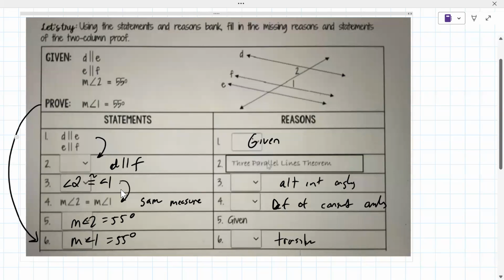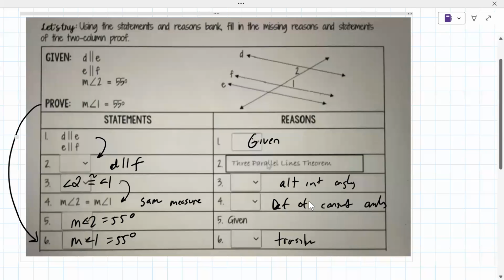Are you seeing the patterns though, like not always, but a lot of times something leads to the next thing? Yeah, 3 is an independent step. Like 3 is from the previous one, but there are a lot of things that could come from 2, the fact that the lines are parallel, but it happens to be this one, and that leads to something.